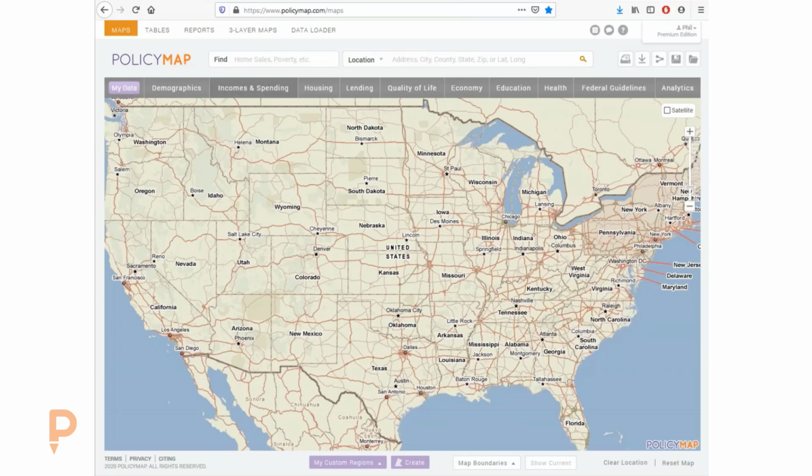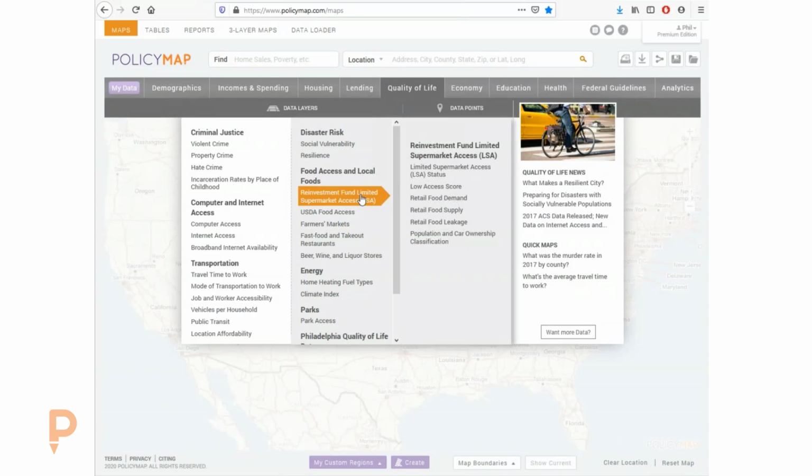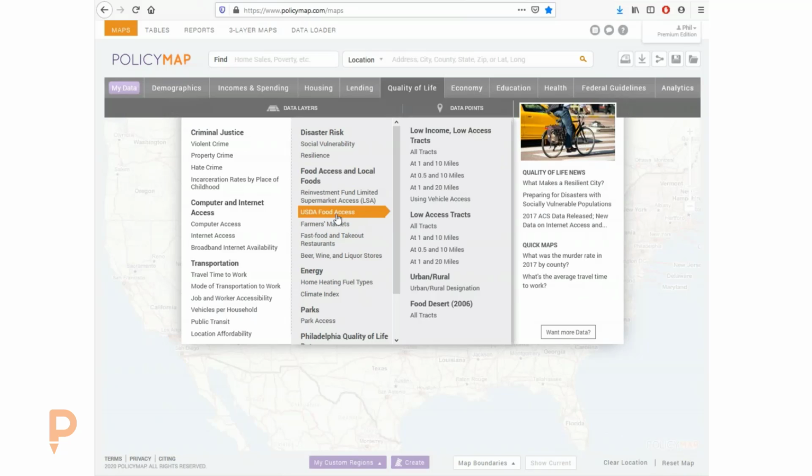And one of the biggest data sets that we work with, which Dr. Pruitt has worked with us on for a while, is the limited supermarket access data. So we'll keep going with this one. We built the LSA data based on the USDA's initial study of what at that time was called food deserts.